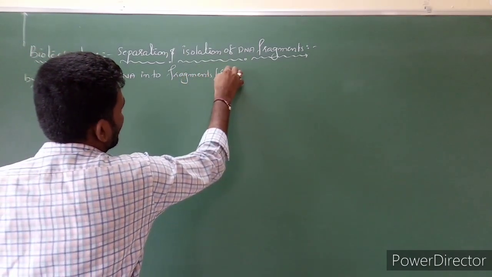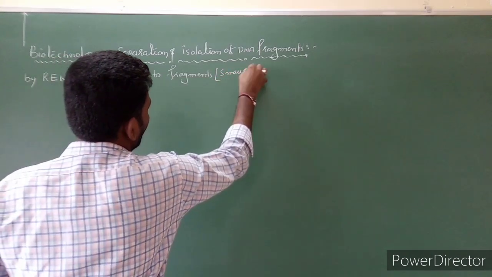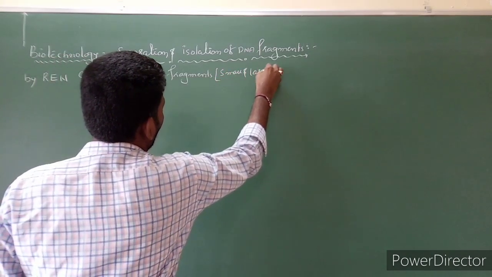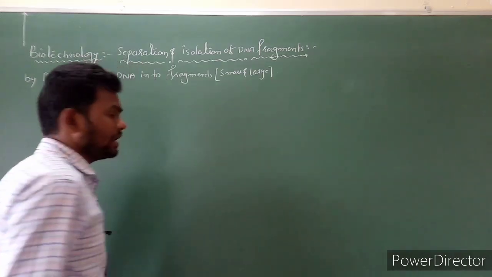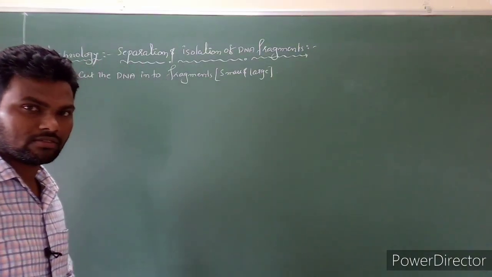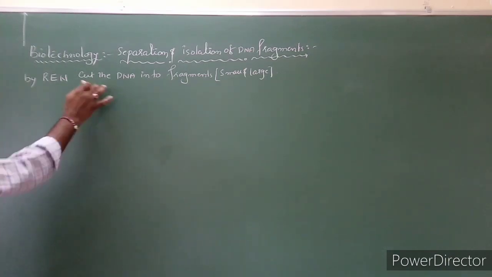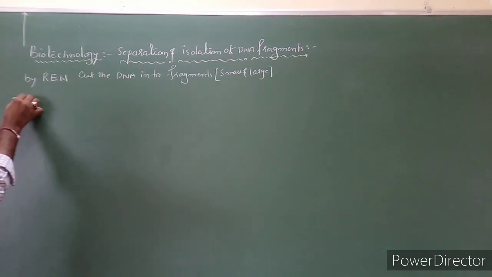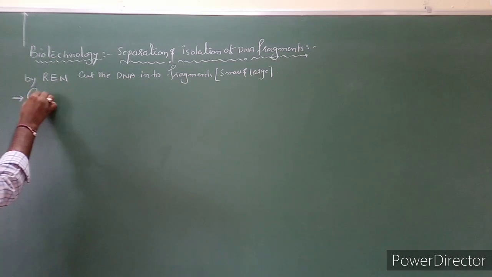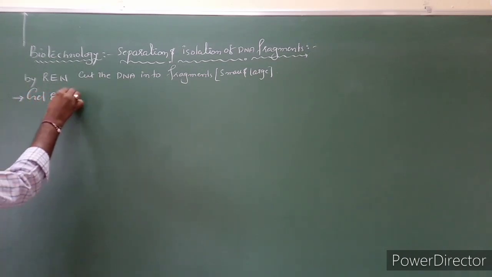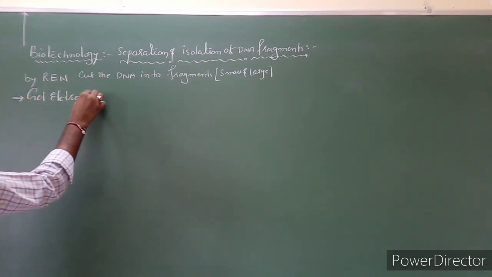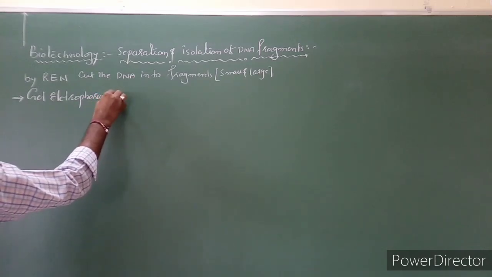Maybe they are small in size, or maybe large in size, maybe 10 pieces, or 15 pieces. Now we have to separate these fragments. So further we have one technique, such as gel electrophoresis.